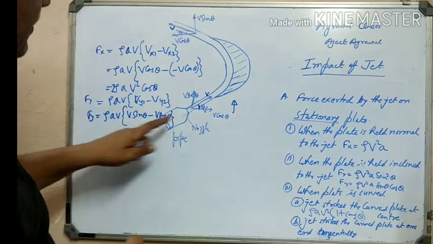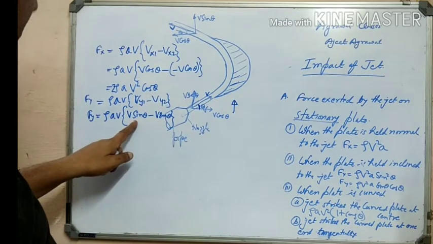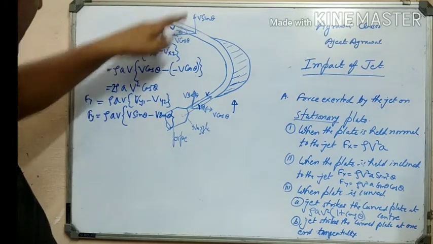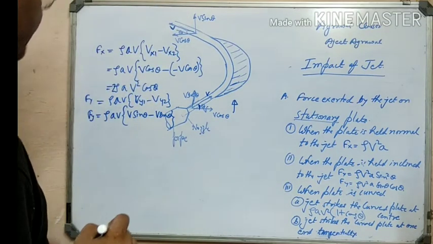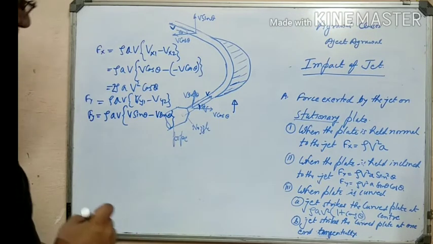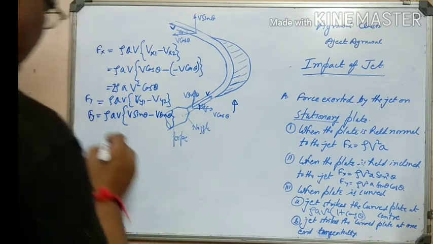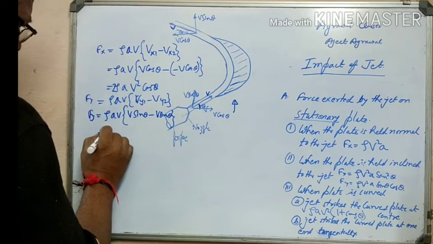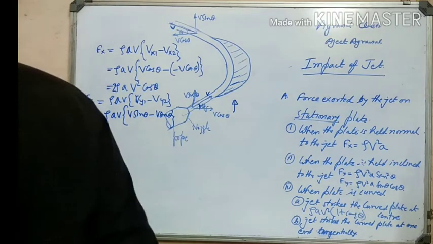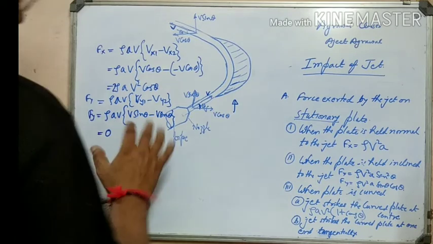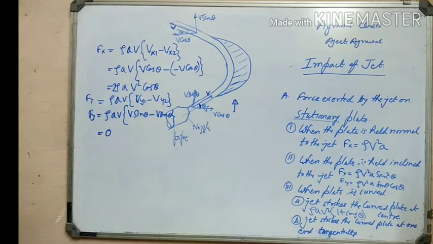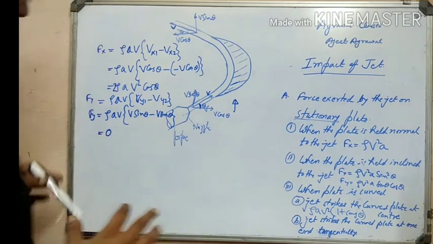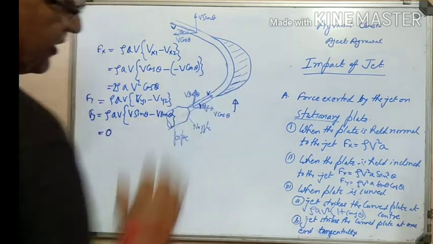The initial velocity in the y direction is v sin theta, and the final velocity is also v sin theta. So in this particular case, Fy will become 0. This way we can find the force exerted in the x direction as well as in the y direction. This is the one case where we considered the blade to be symmetrical.